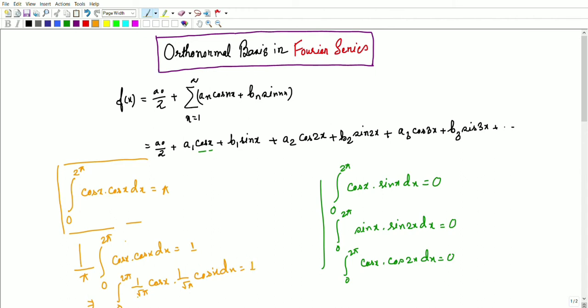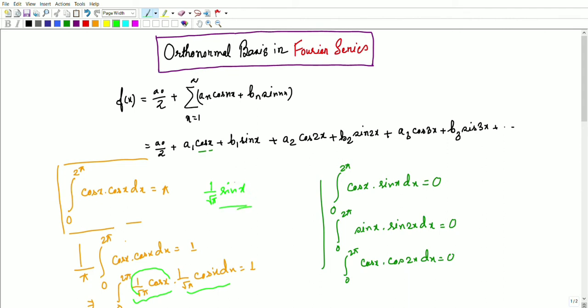Now for this function, 1 by root pi cos x, we have got the integral value 1. Okay, so we can say that 1 by root pi cos x and 1 by root pi cos x are orthonormal basis functions. Similarly, we can also say that 1 by root pi sin x is an orthonormal basis.